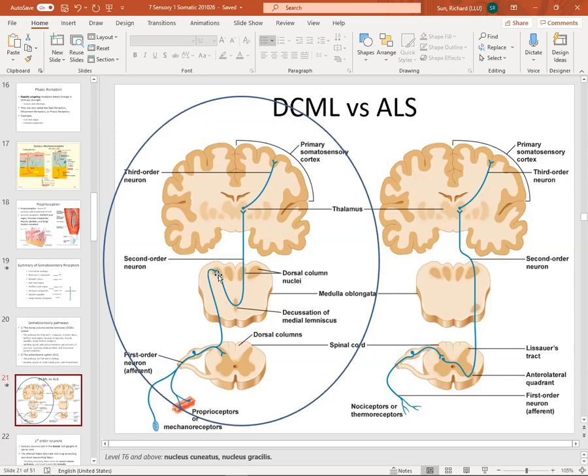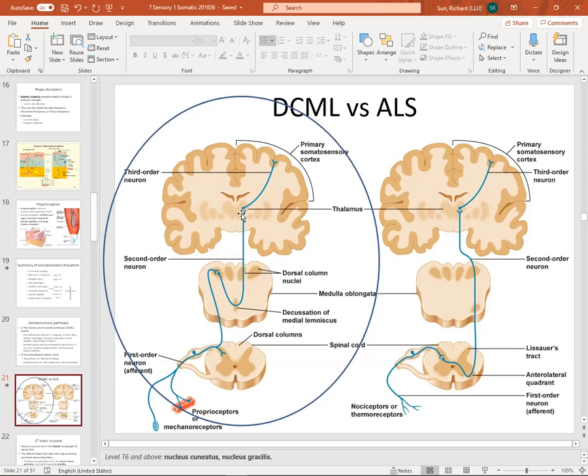Then the second order neuron: in the medulla we have two nuclei, two major nuclei right here, to receive the first order neurons. And then this second order neuron in the medulla will cross to the opposite side through the medial lemniscus, and then reach the thalamus.